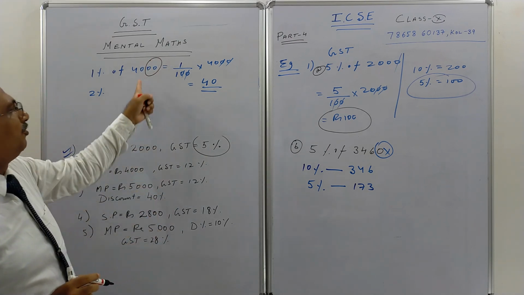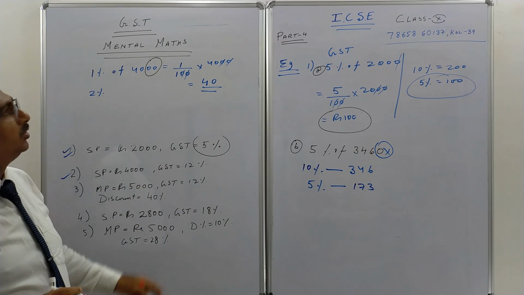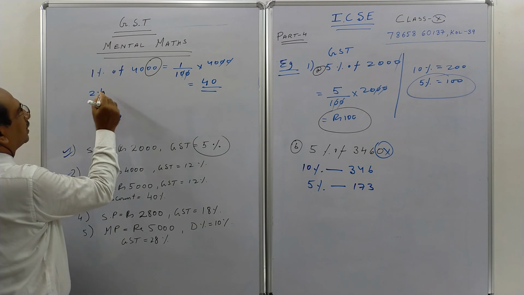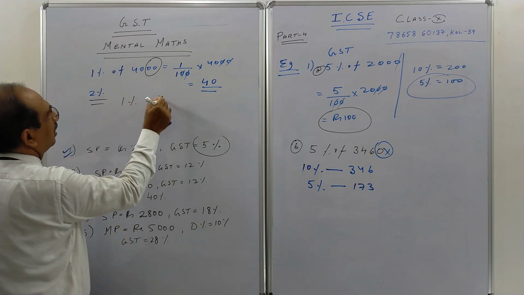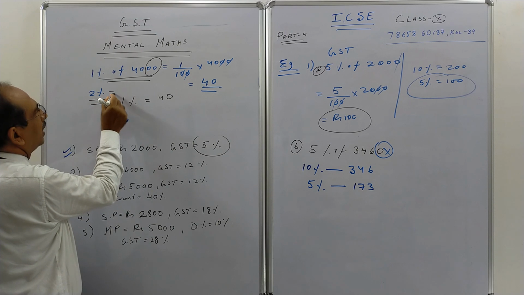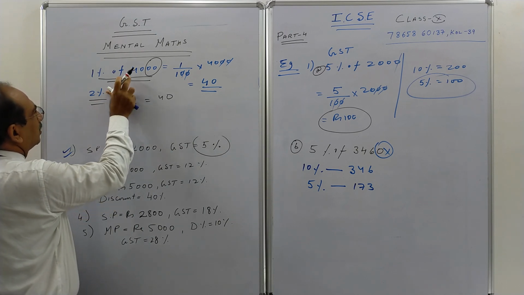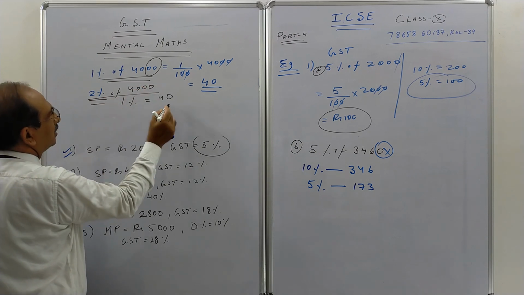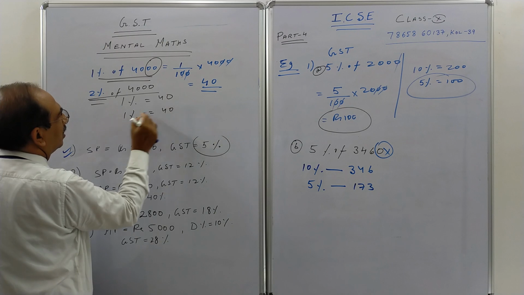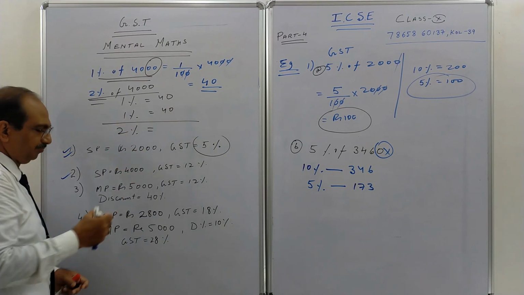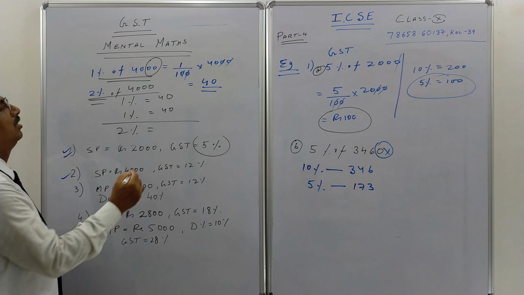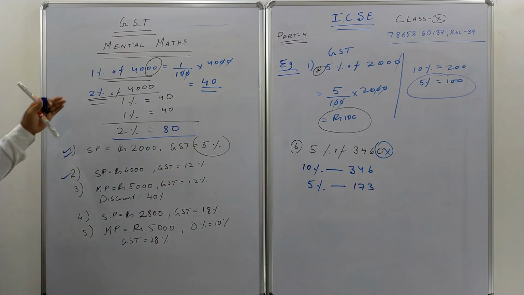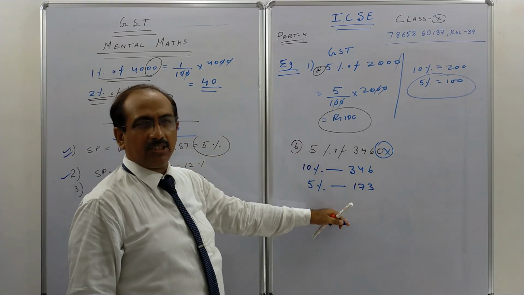So 1% of 4,000 is 40. Remove 20. 10% is 400. Now 2%, how will we get? 1% is 40. Suppose I have to get 2% of 4,000. So 1% is 40, another 1% is 40. So 2% will be how much? 40 plus 40? 80. Alright. So once more, 10% remove 10, 5% you have to take half.